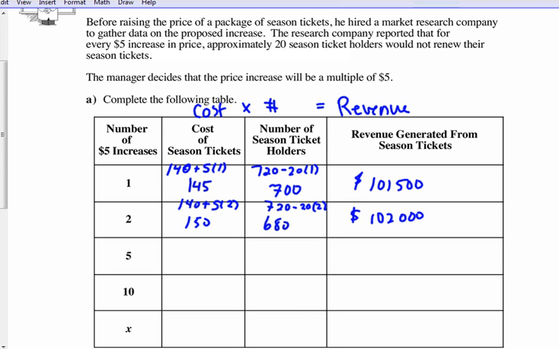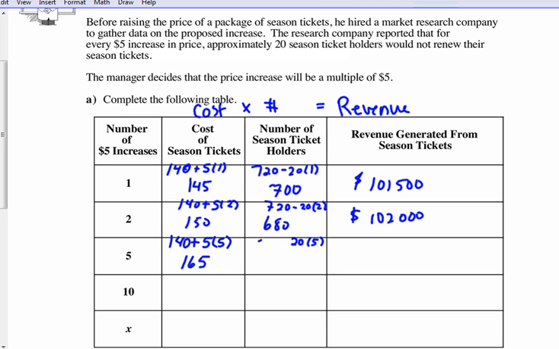So then if we do 5 increases, how much are they raising the price? $25. So 140 plus 5 times 5, or plus 25, would give you $165. So then how many people would they lose? 20 times 5.